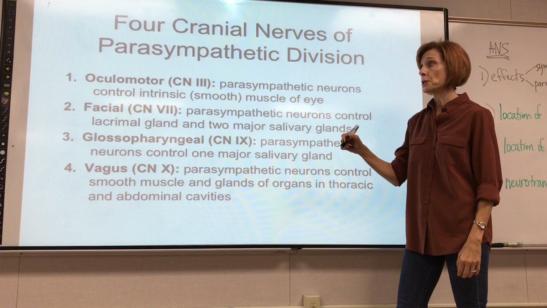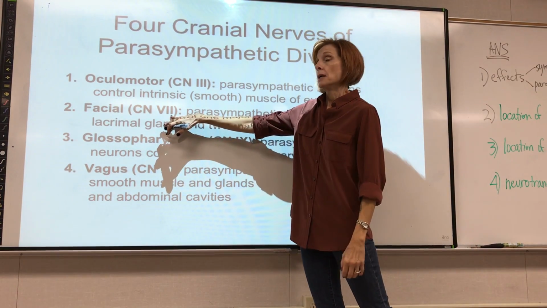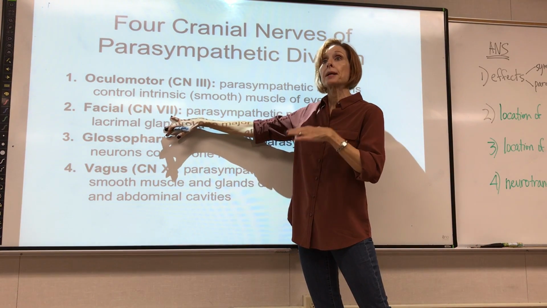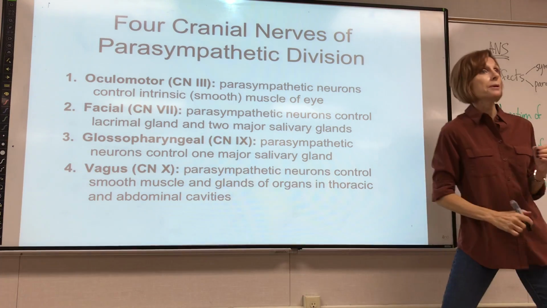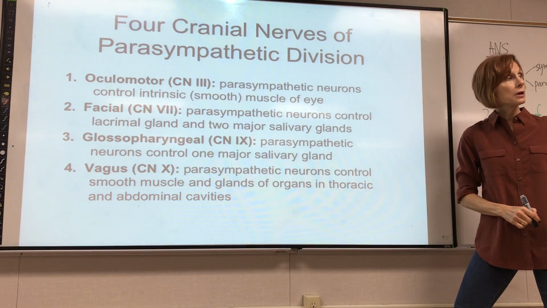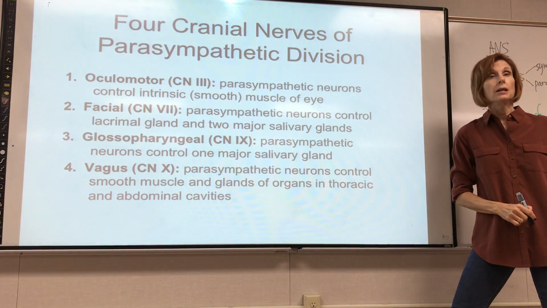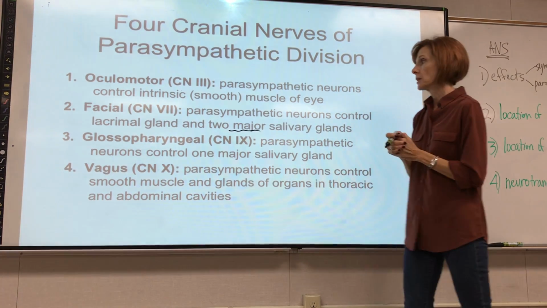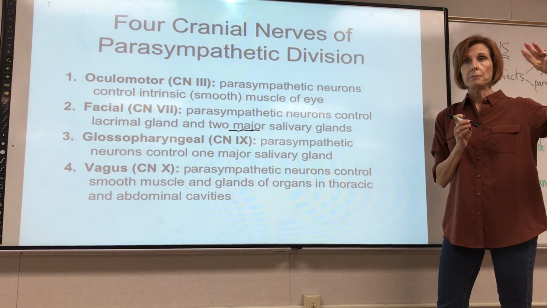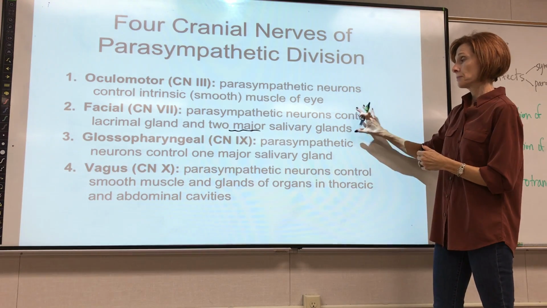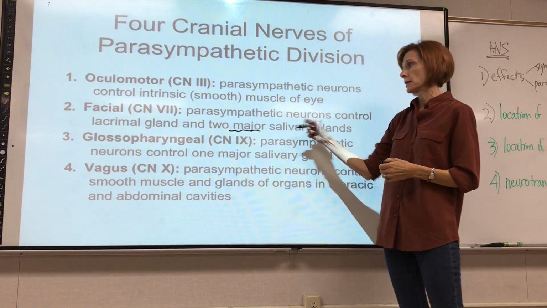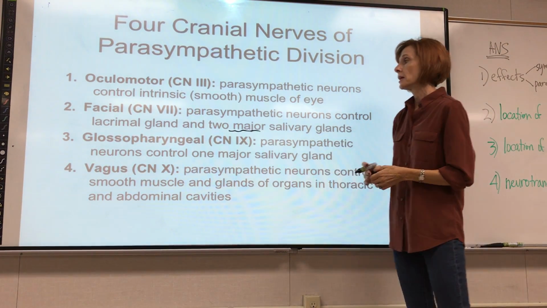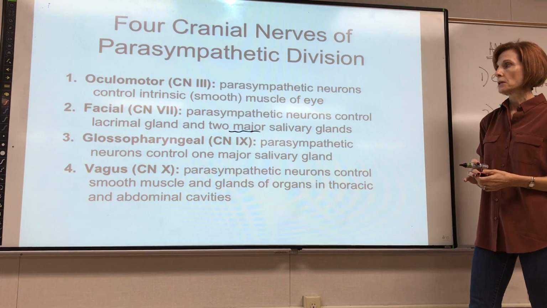For the facial nerve, cranial nerve 7, this nerve also carries parasympathetic neurons. The parasympathetic control 2 of our salivary glands. These are called major salivary glands because they're big. We have 3 pairs of major salivary glands, and this nerve carries parasympathetic neurons that go to 2 of those.